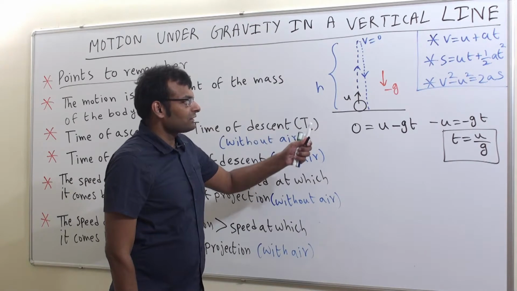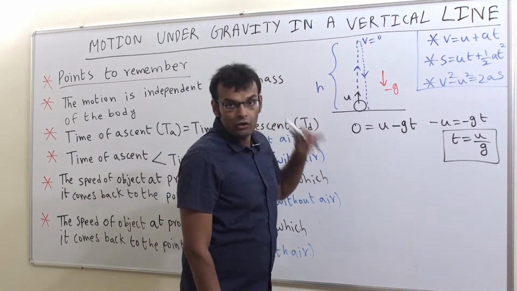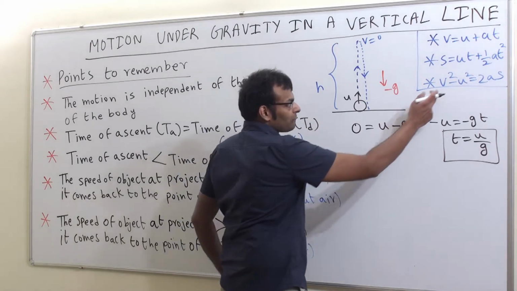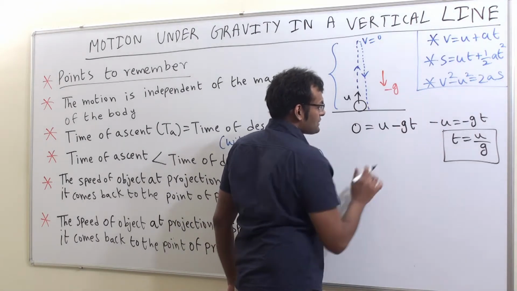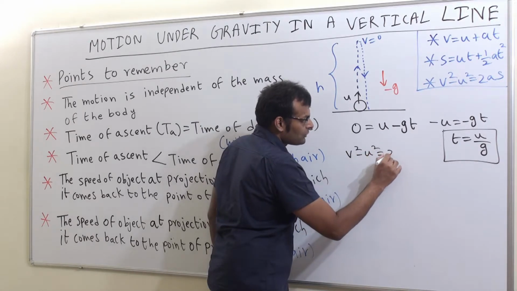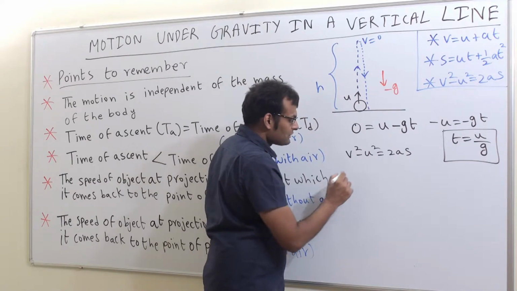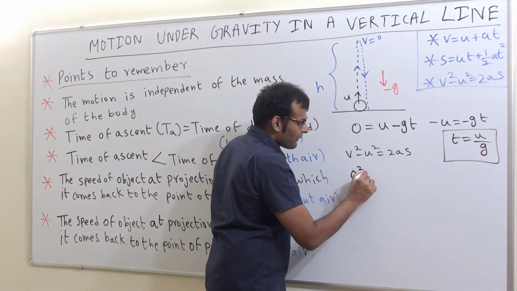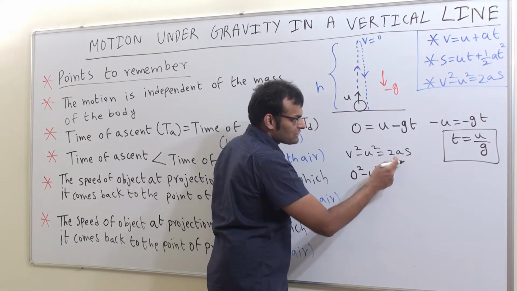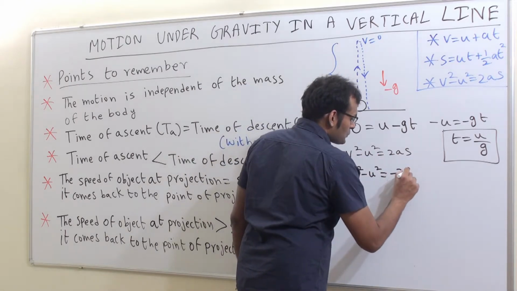Now let me calculate the velocity in terms of g, h and those parameters. Let me substitute into the equation v square minus u square is equal to 2as. What is the final velocity here? It is 0 square minus u square is equal to, what is a? A is minus g, so you get minus 2g.